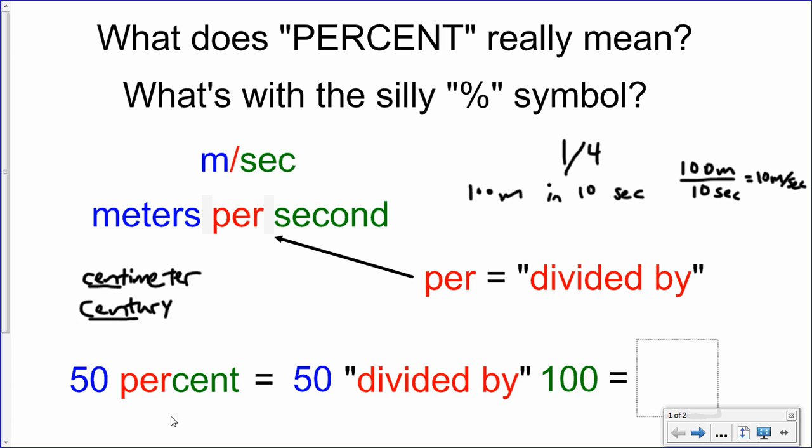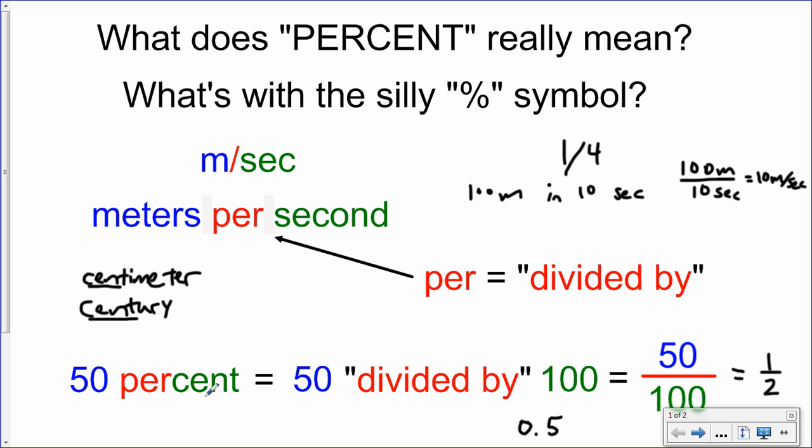So 50% literally means 50 divided by 100. And of course, 50 divided by 100 reduces to 1/2. It equals 1/2, or 0.5 if you wanted to write it as a decimal.